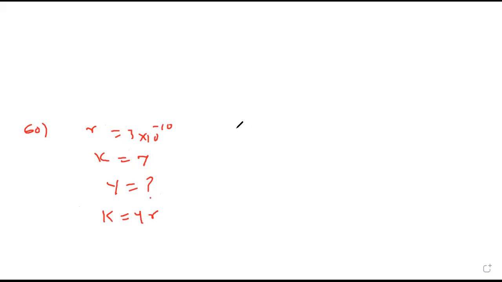So what will be Y? K by R. K is 7, R is 3 into 10 raised to minus 10.